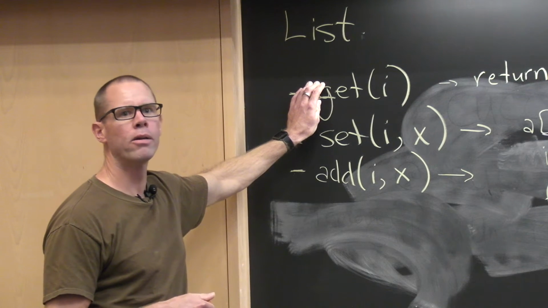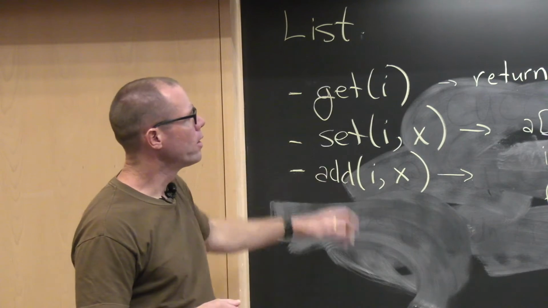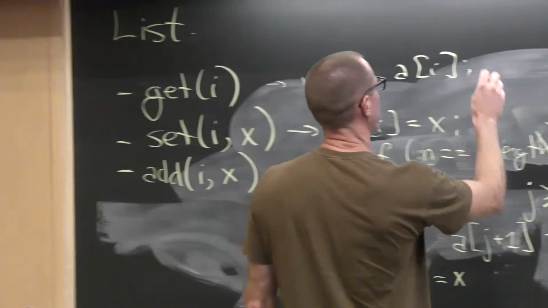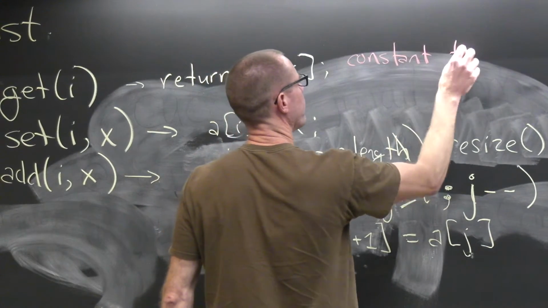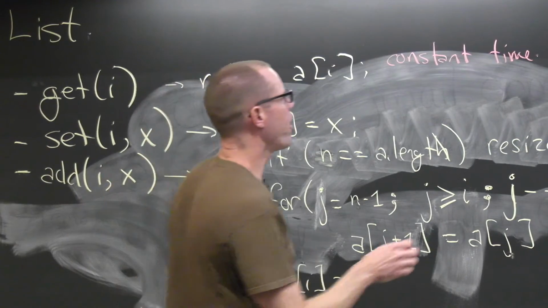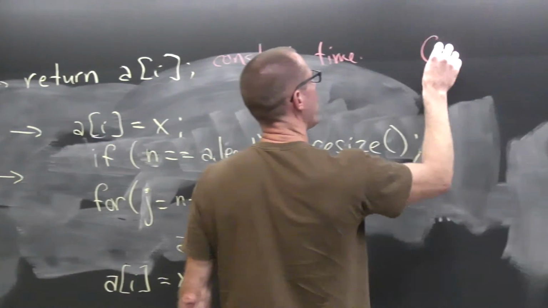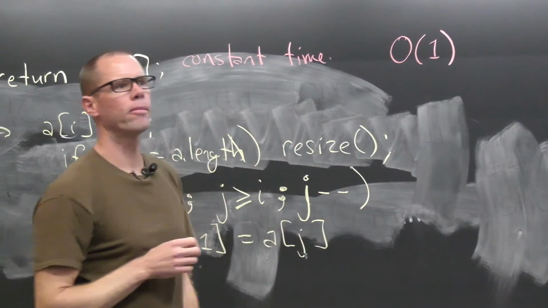Does it matter how long the array is? How many elements are in it? None of that matters. So this takes constant time, independent of n. And the way we write that is the running time here is O of 1.